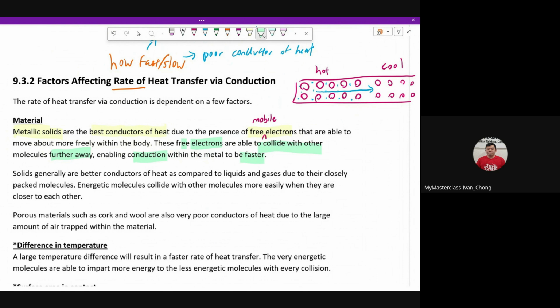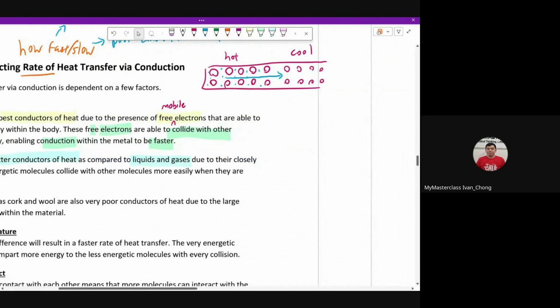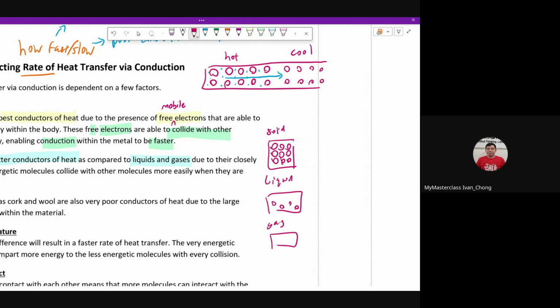Okay, and the next comparison is solids versus liquids and gases. If you think about it, solids are very closely packed together, compared to liquids and gases. Liquids are still somewhat loosely packed together, and gases are very far apart.